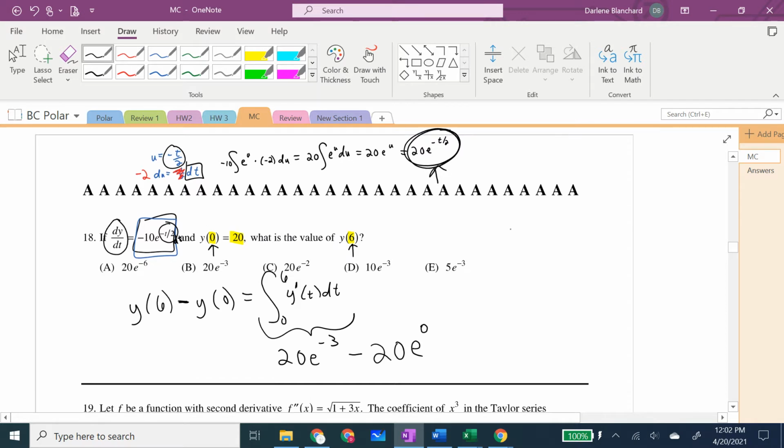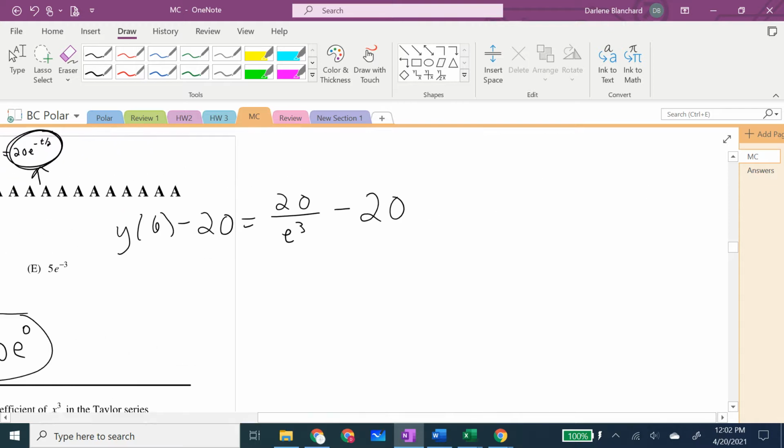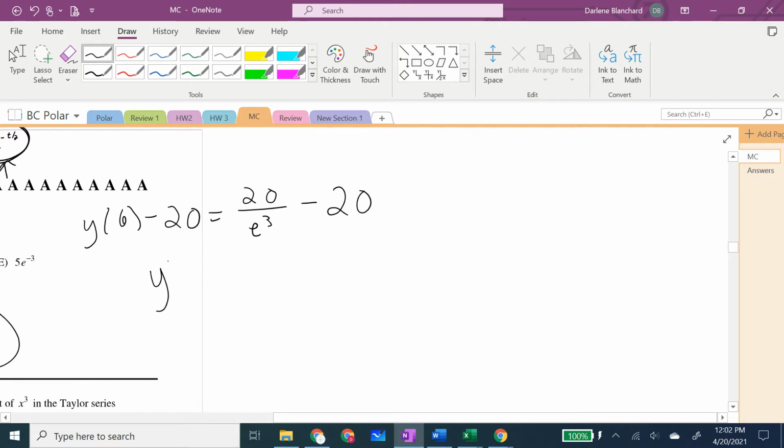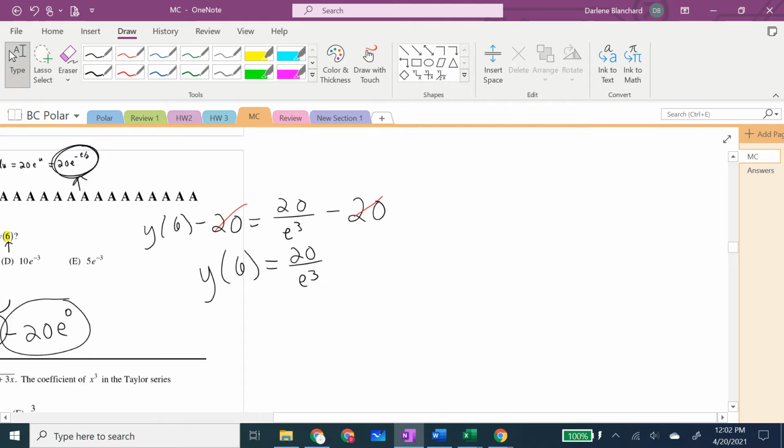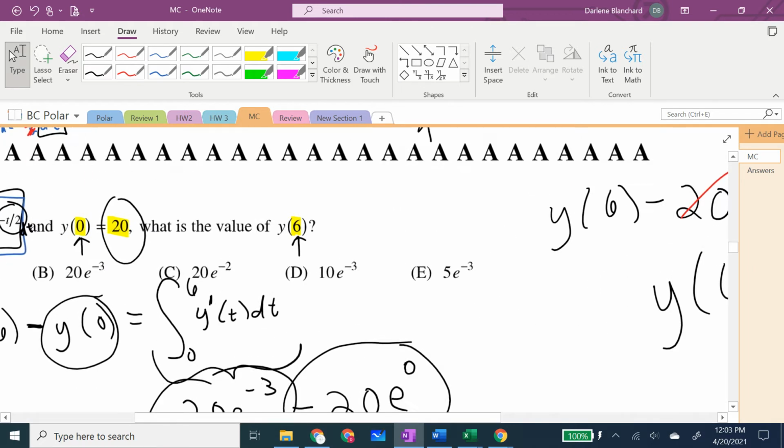So now I have that y of 6 minus y of 0, which is 20, is equal to, and I'm going to write this as 20 divided by e cubed minus just 20. Oh, look at those minus 20s. Goodbye, minus 20. I won't miss you. And we've got an answer for y of 6: 20 e to the negative 3. Oh, they left it as a negative exponent.